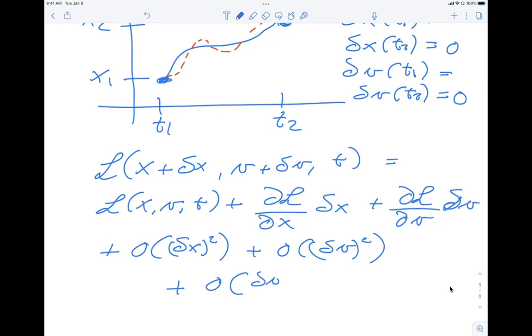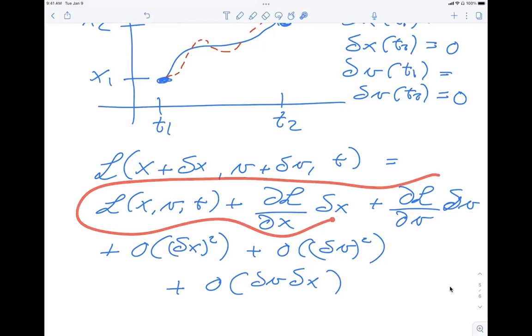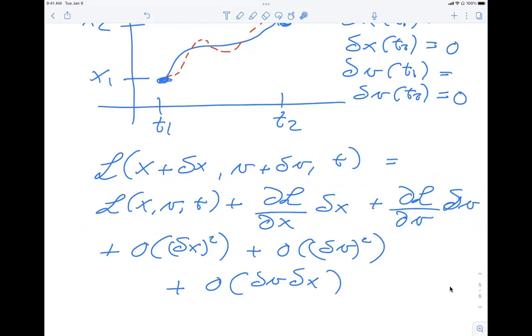So there are cross terms to higher order, which go like delta v times delta x. We are going to neglect these terms, so that at the end, we are just going to have an equation which contains these three first terms here. So we are going to neglect higher order fluctuations in the path which we take, as we did in the previous case.